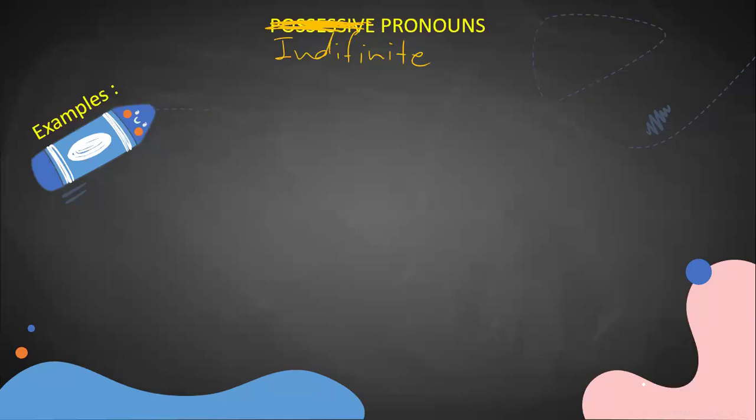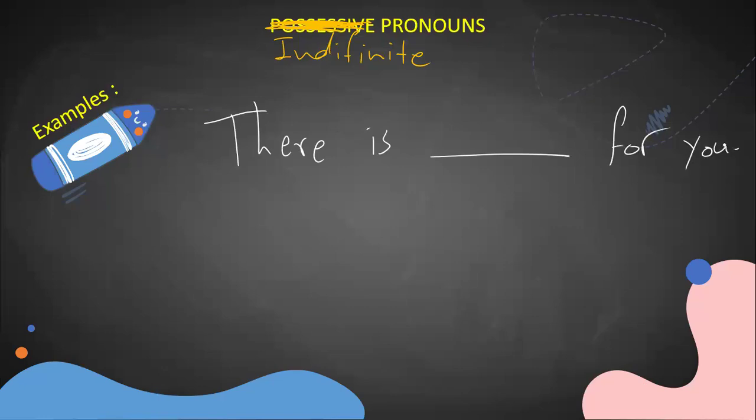Now, if I'm talking to my friend, for example, and I have something in my hand, I have to say: there is something for you. There is something. Why is it something? Because I have something in my hand and the verb here is positive.